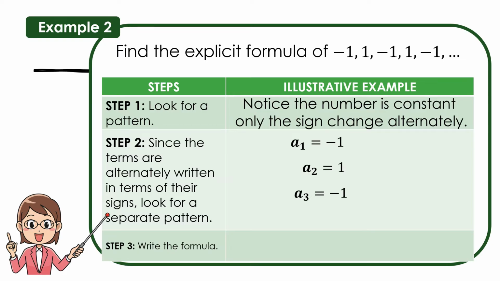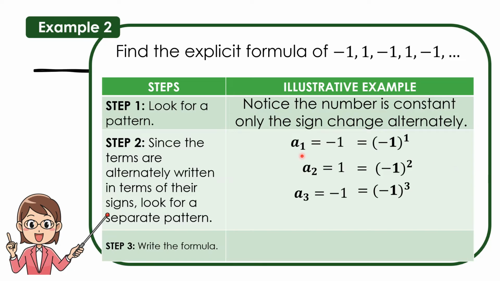Since the terms are alternately written in terms of their signs, look for a pattern. How can we write these terms into another expression? We can write these terms into another expression.